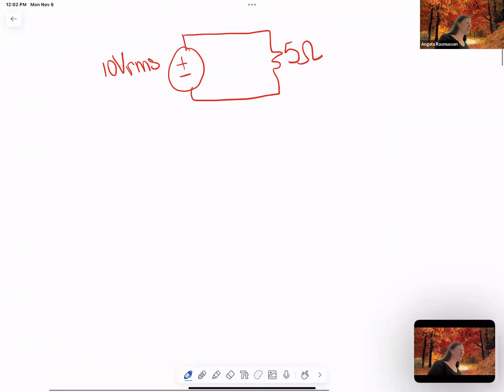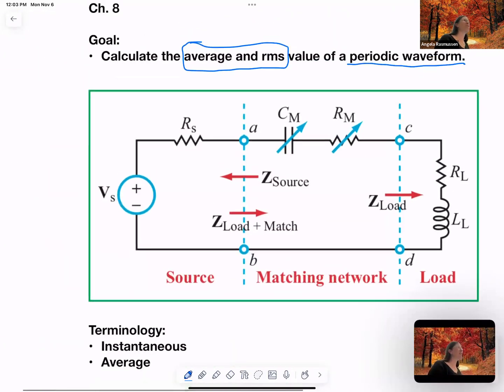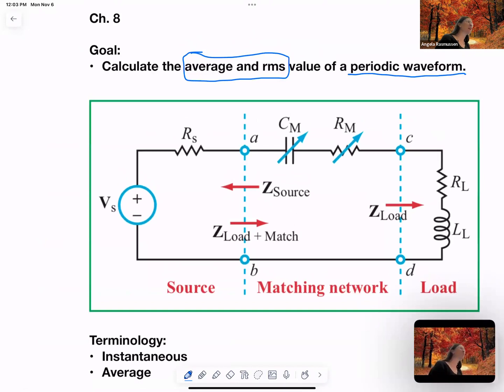RMS value is called the root mean square, and that's a standard term. On a data sheet, or on a power supply itself, it may have ratings given in root mean square. So we just have to know what those actually mean.